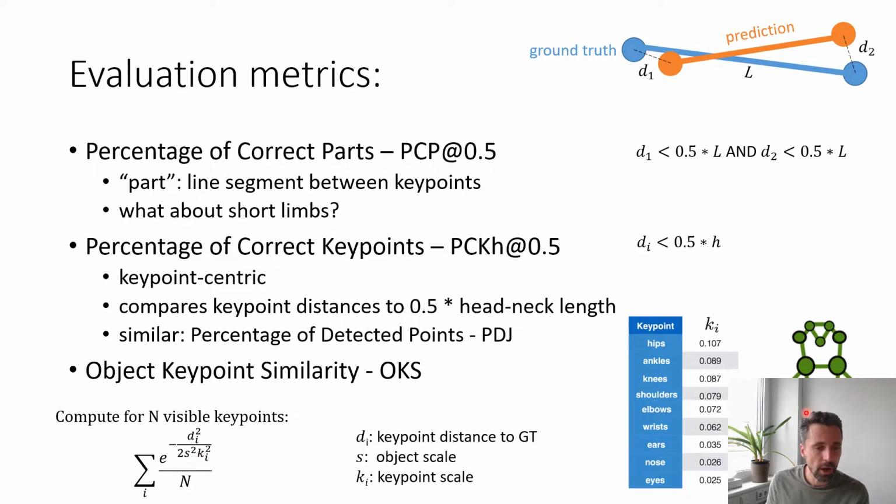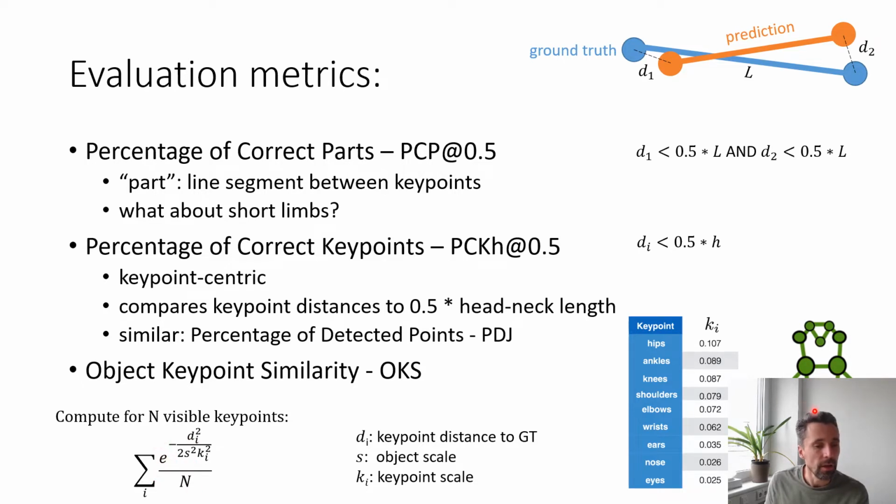So if you have a large key point scale, for example, here in the hip, this number is larger than, for example, here for the nose, and that makes that number smaller, so e to the minus something smaller is larger, right?